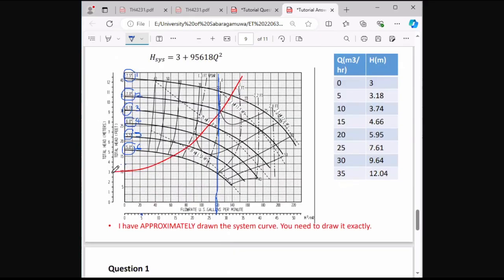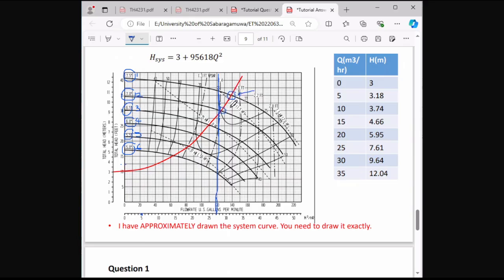So here you can see our curve crossing at this point. After this area you can identify the 7 impeller crossing this point and the 7.5 inch diameter impeller crossing on this point.